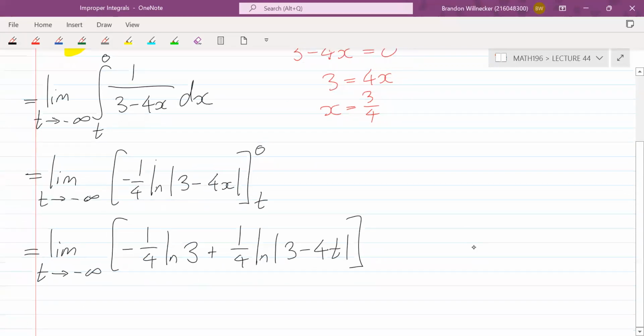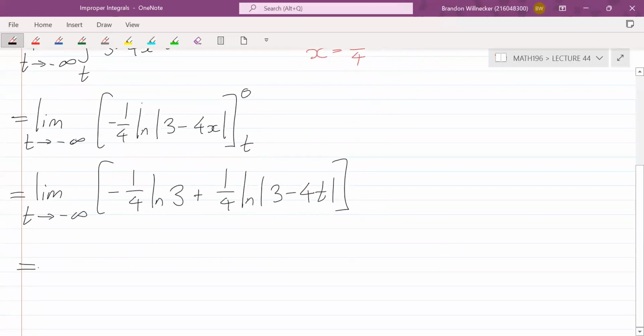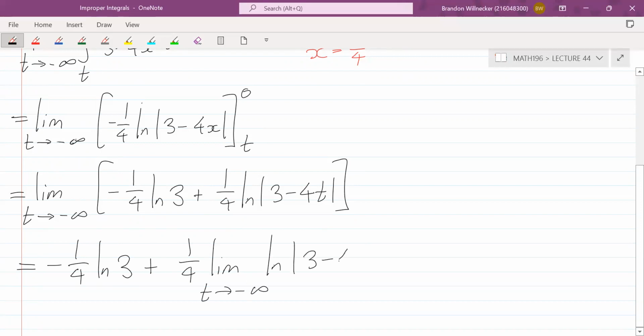Now we're taking the limit as t goes to minus infinity. The limit doesn't care about that constant, so it's minus 1 over 4 natural log of 3 plus 1/4 the limit as t goes to minus infinity of the natural log of 3 minus 4t.